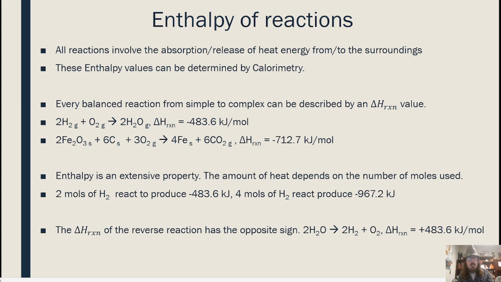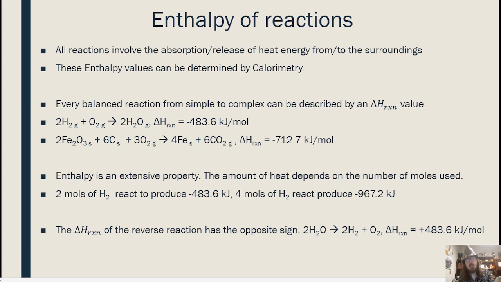If I react iron ore back to molten metal under these conditions, it would produce negative 712.7 kilojoules per mole of running this reaction.